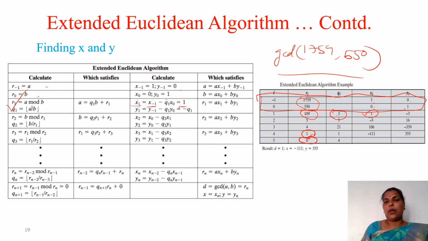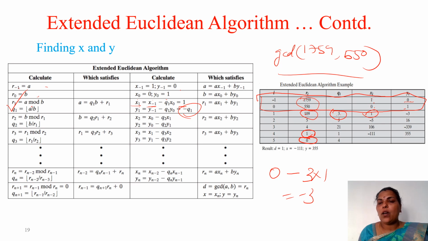Then y_1 equals y_-1, which is 0, minus q_1, which is 3, times y_0, which is 1. So it is minus 3.